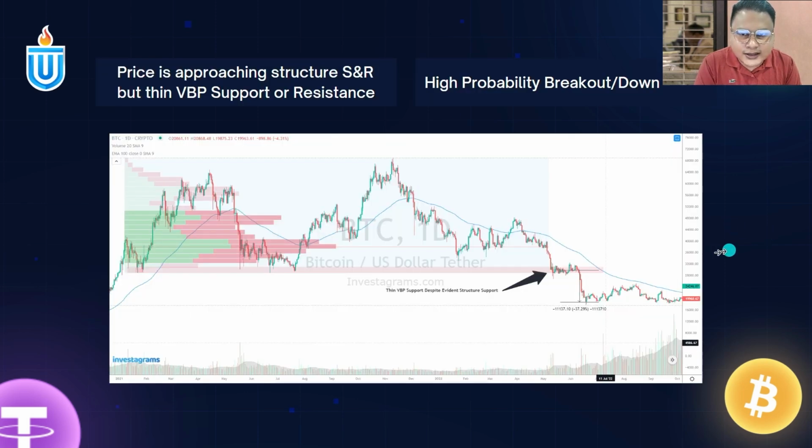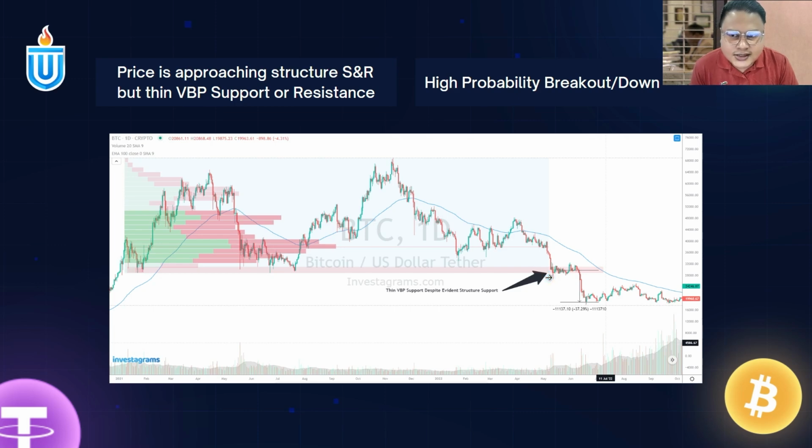So, tignan natin in this example, no? Price is approaching a structure SNR, but thin VBP support and resistance. In this example, ginamit natin yung fixed range volume profile, and ito yung determined trading range natin. Ito yung swing lows natin or yung structure support. And then, ito yung swing high natin, and dito nag-end yung trading range.